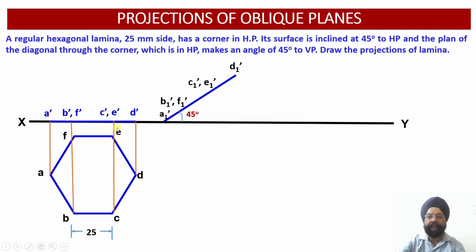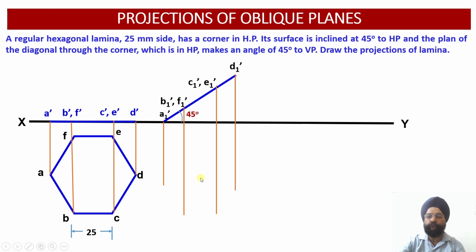The same edge view with all these points marked will be rotated at an angle of 45 degree. Having made all these markings, we obtain A1 dash, B1 dash and F1 dash here. C1 dash and E1 dash are obtained over here, and D1 dash is located over here.